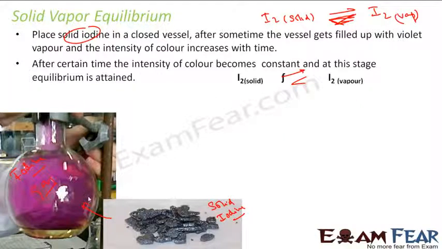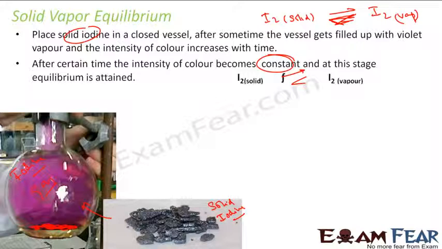It will be light pink, then dark, darker. But after a certain stage, you see that the intensity of the pink color is constant. It won't increase further. You'll see that some of the black iodine which you have put is still there, but the intensity will stop increasing.